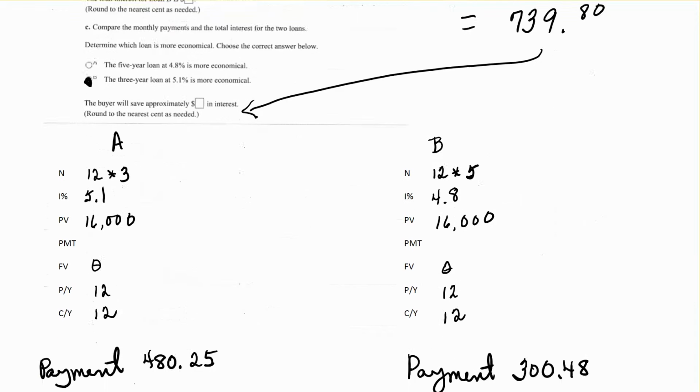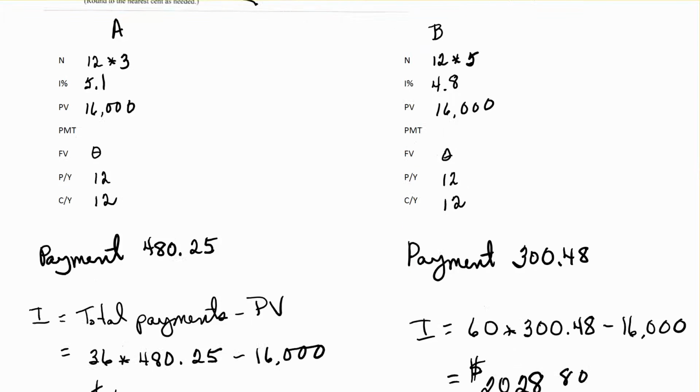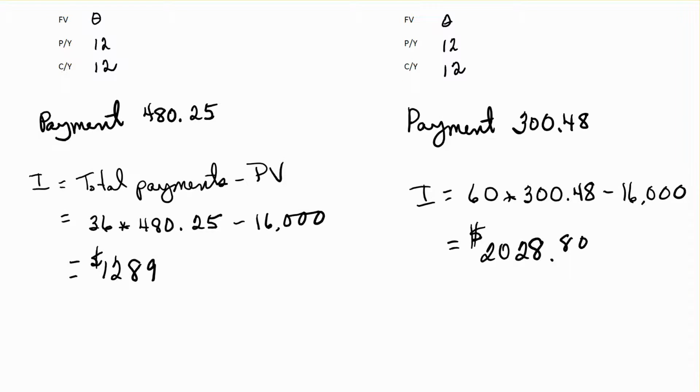The difference between those is $739.80, and that's what you would save in interest by going with the 3-year loan. With the 3-year loan, you pay less than with the 5-year loan. Okay, so there were a lot of parts to this question. I didn't write them in here, but I do have them all here. If you print the notes, you will find this hopefully in a very organized form as well.